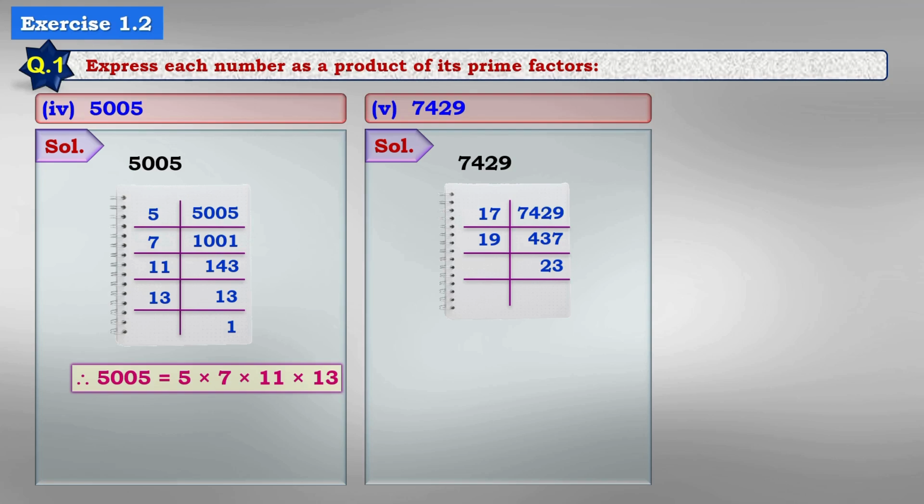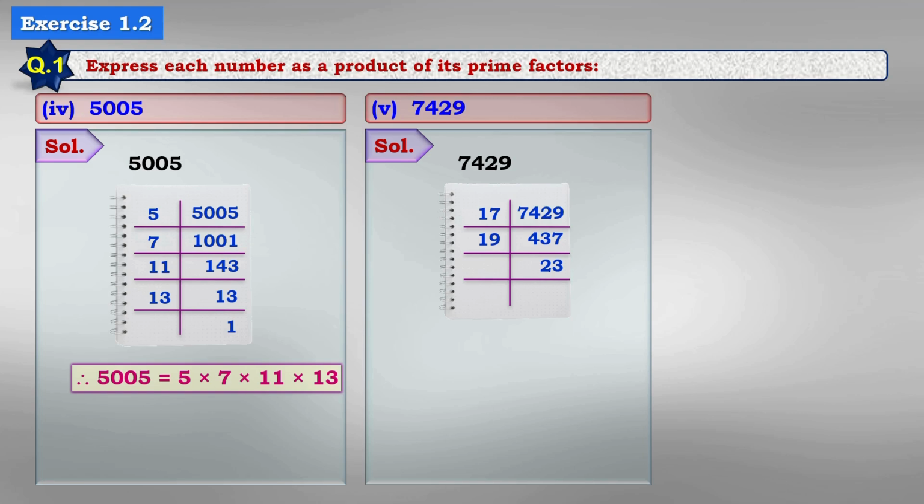In this case I know this is a bit difficult, because we have to find the prime factors for it. Till 17 you will not get anything. So you can try this method: whenever you are not understanding how to find the prime factor, always check the unit place, what number is there.